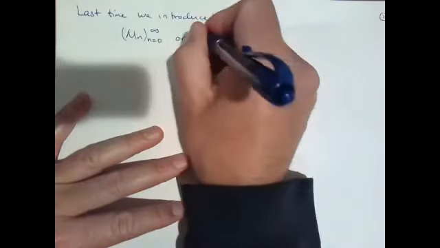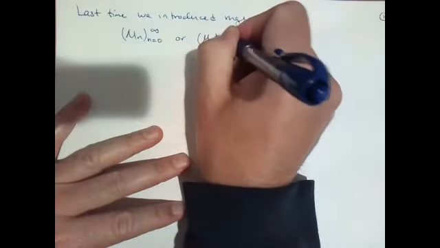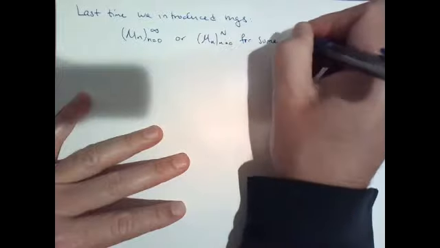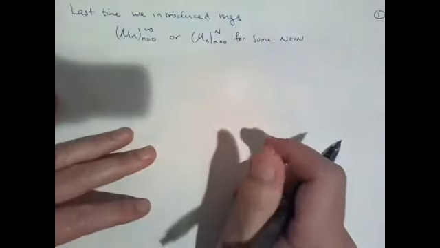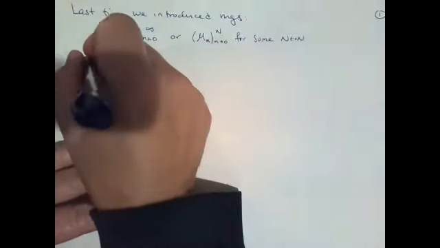Right. So what you have is either an infinite sequence or a finite sequence for some natural number. So you have a collection, and then you say that this is a martingale.